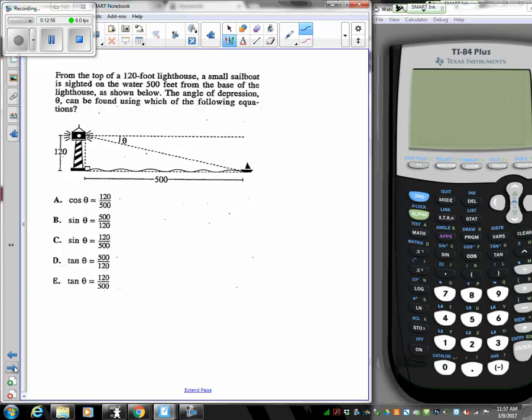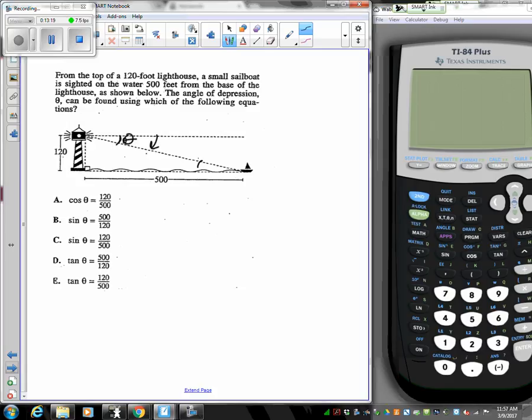Okay, on the next one, we've got a missing angle here. I'm not really going to read through it. Basically, I'm just trying to figure out what this angle is. Now, the problem is that angle is not in my triangle. What it is, is the angle of depression. Now recall that the angle of depression and the angle of elevation are congruent.